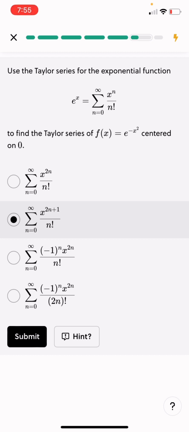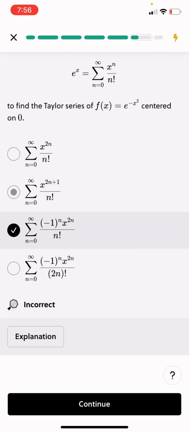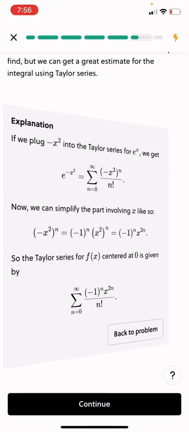Maybe that would affect it. Here, let me see. So it was negative 1 and x to the 2n. That makes more sense. As you can see, I don't know. It was close, but not close enough to result in the same answer.